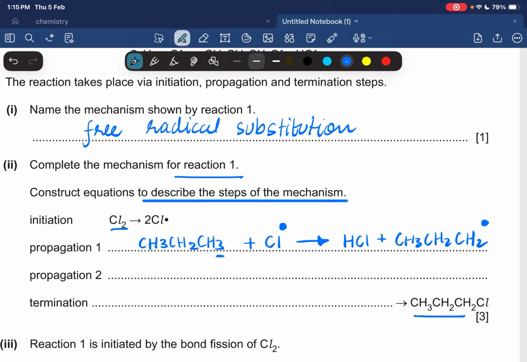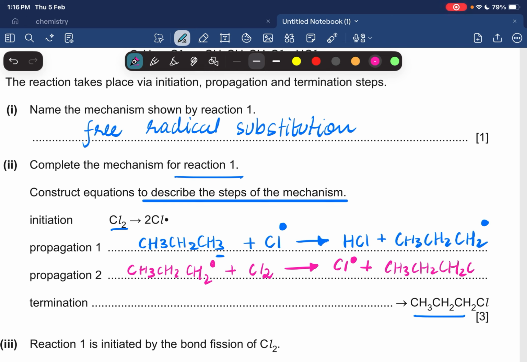When we make a free radical react with a molecule, we form a chlorine radical plus a halogenoalkane, which is going to be CH3, CH2, and CH2Cl.